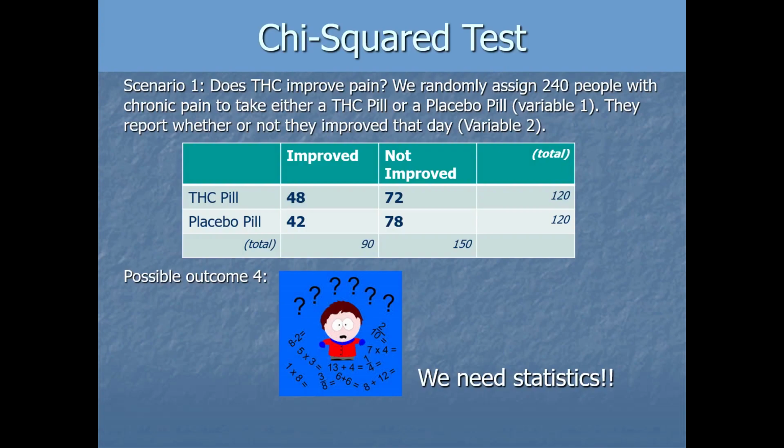Or is this just part of the normal noise and variation that we would expect to find in samples of group size 120, even if the null hypothesis is true and there's no difference between THC and placebo? Like, would we see results like this sometimes, even if the null hypothesis is true? How could we tell? And for that, we're going to need inferential statistics. We'll do a hypothesis test.